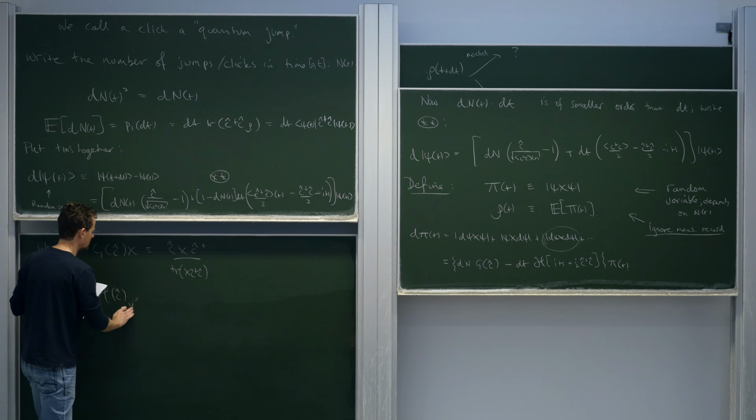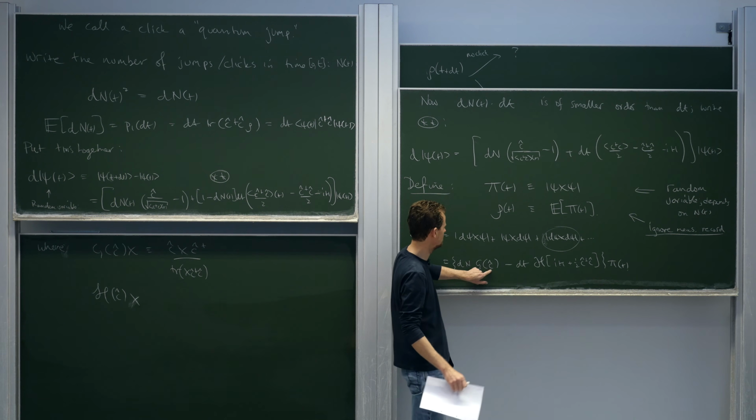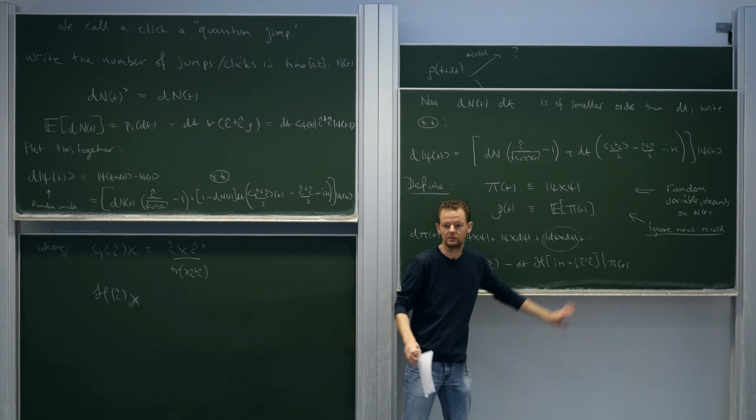And to write that equation down, we're going to introduce these two super operators. This is just notation here. G of C is some super operator. H of this thing is some super operator.